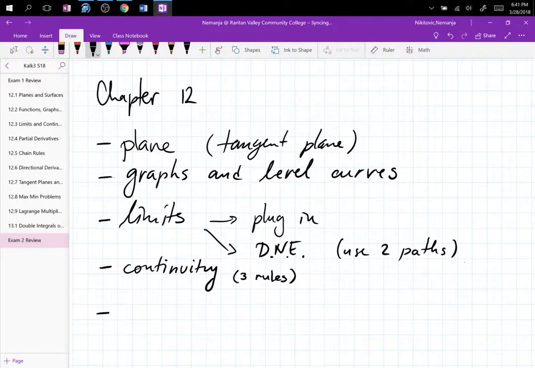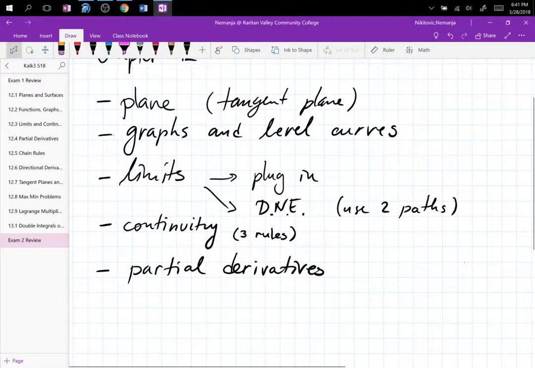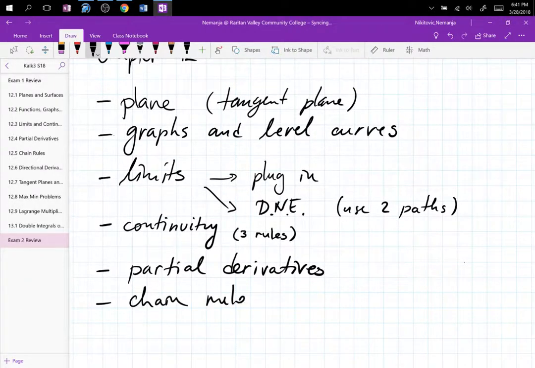Then we have partial derivatives. Chain rule. Now, when I say chain rule, you need to be able to first get the tree and then compute.